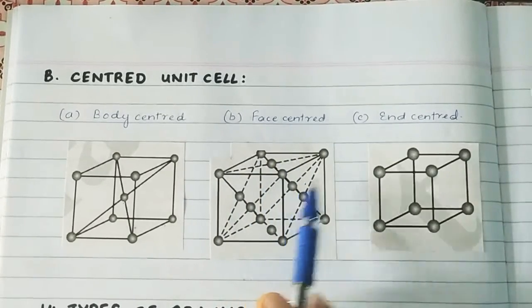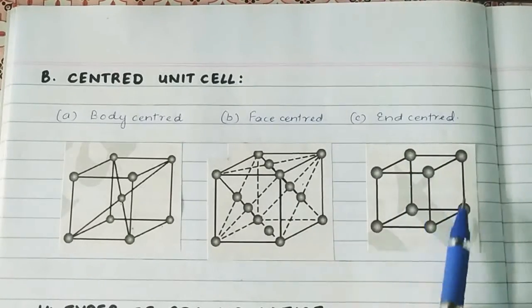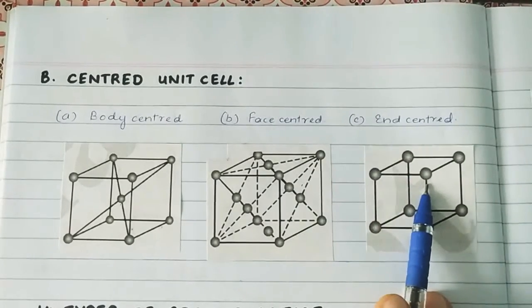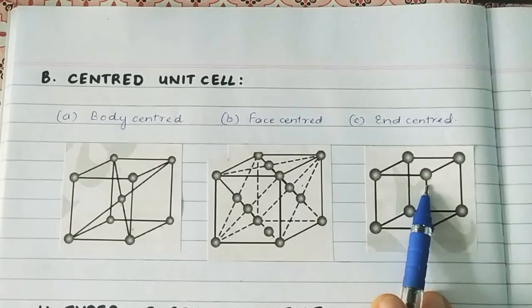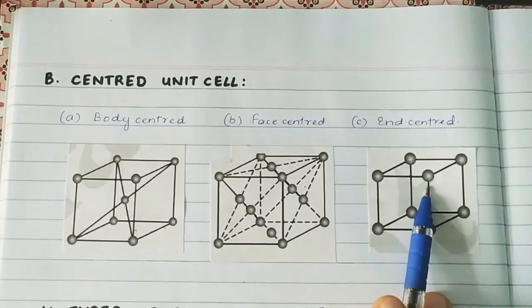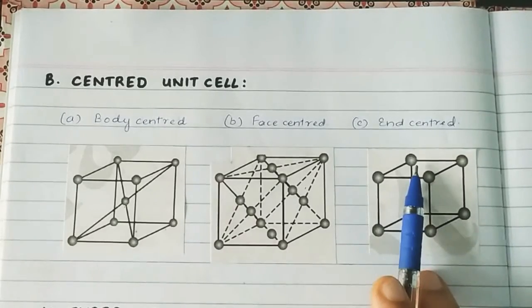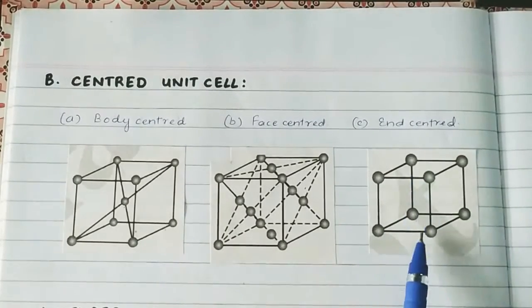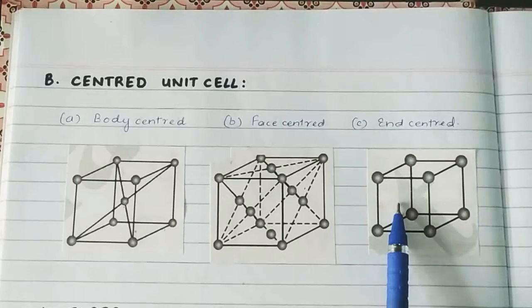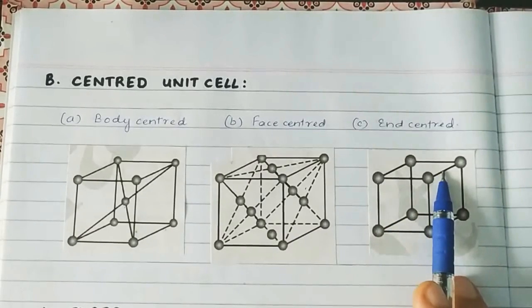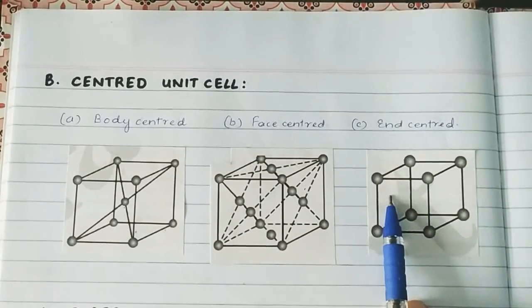Okay, and end centered. Now here there are no additional particles shown because there may be a particle at the end of any two faces. It may be on top and at the bottom, or on the front face and at the opposite face, or on this face and this face.